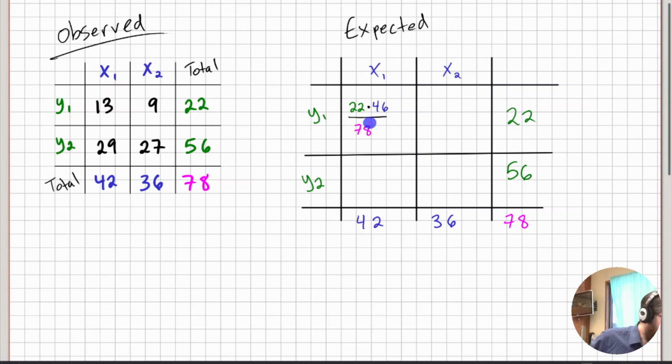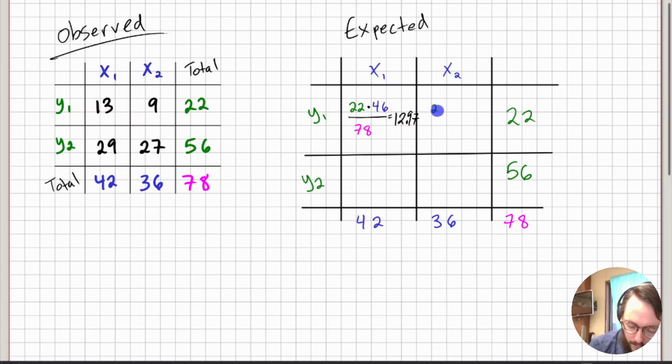And I don't have my calculator out. So 22 times 46 divided by 78. That gives me 12.97 right there.